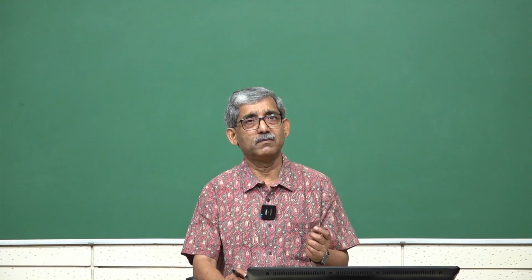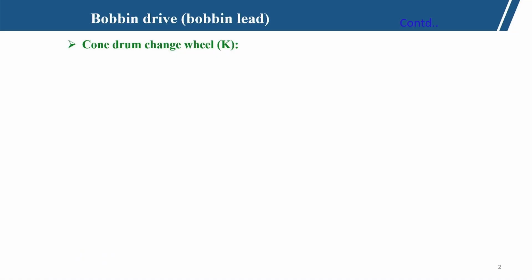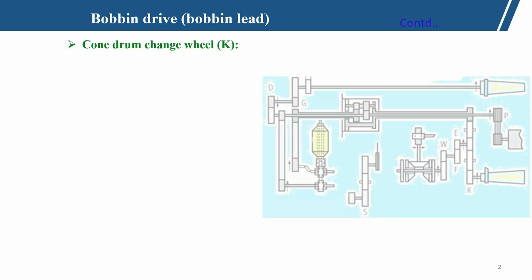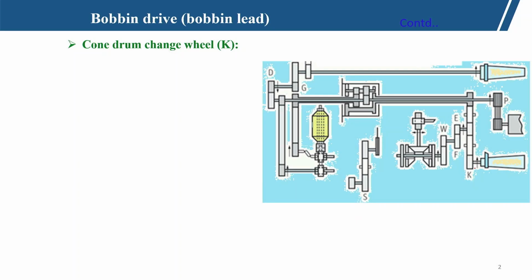So, cone drum change wheel is there, K. So, you will see that this is the cone drum change wheel. So, this is the typical drive mechanism of LR machine, Retar machine also.